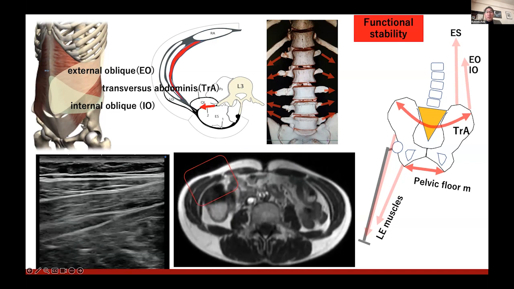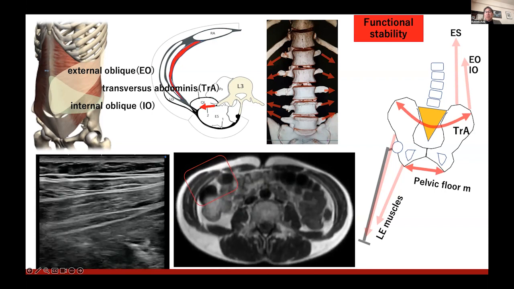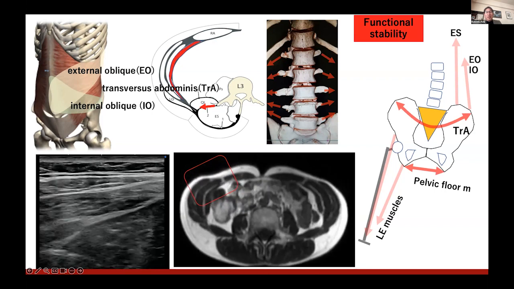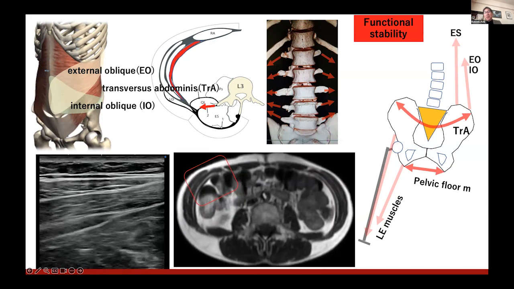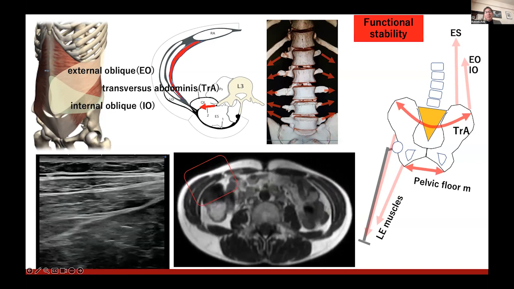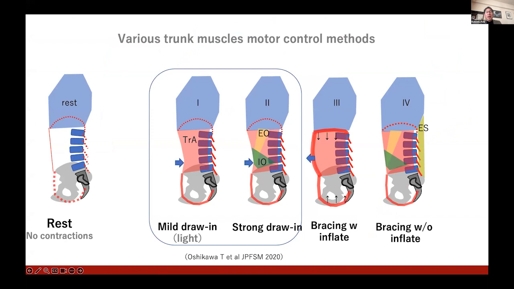Therefore, contraction of the TRA is thought to be effective in preventing low back pain, and draw-in abdominal pulling exercises that promote contraction of TRA have become popular as a low back pain prevention exercise.